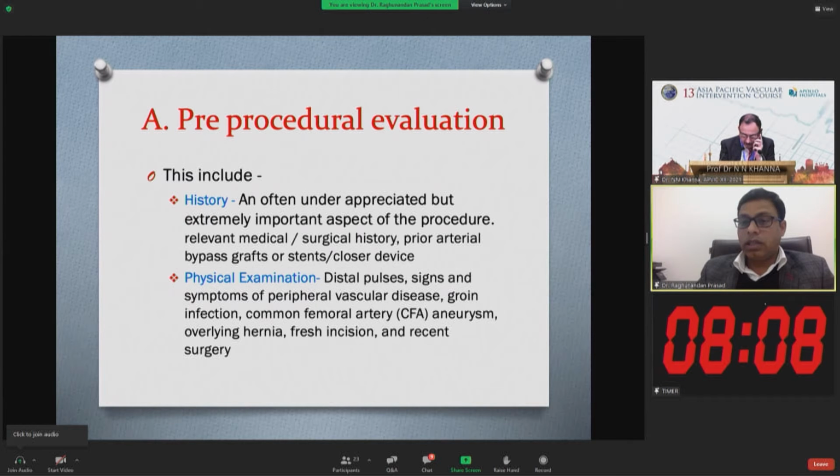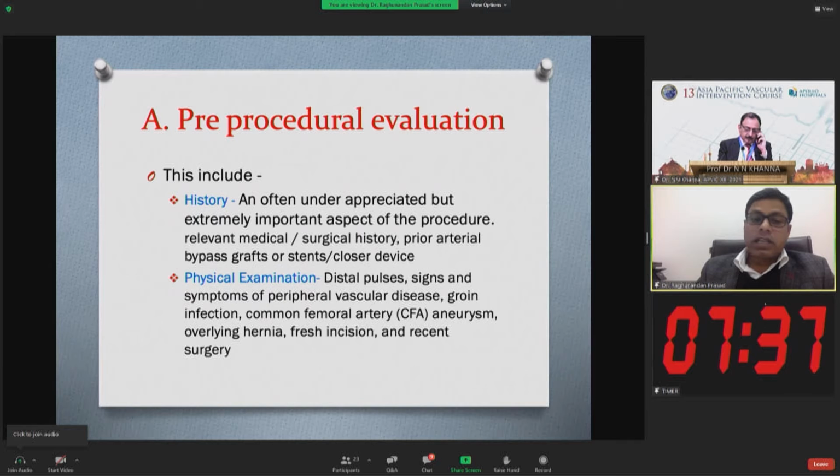We should record in detail the relevant medical or surgical history in the groin area, history of any previous interventions like placement of a stent or bypass graft, or recent use of the common femoral artery as a vascular access, and then using a vascular closure device for achieving hemostasis.